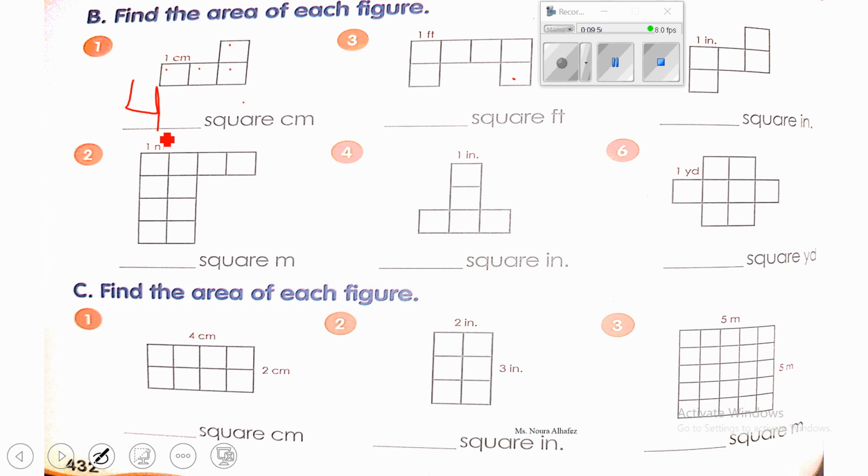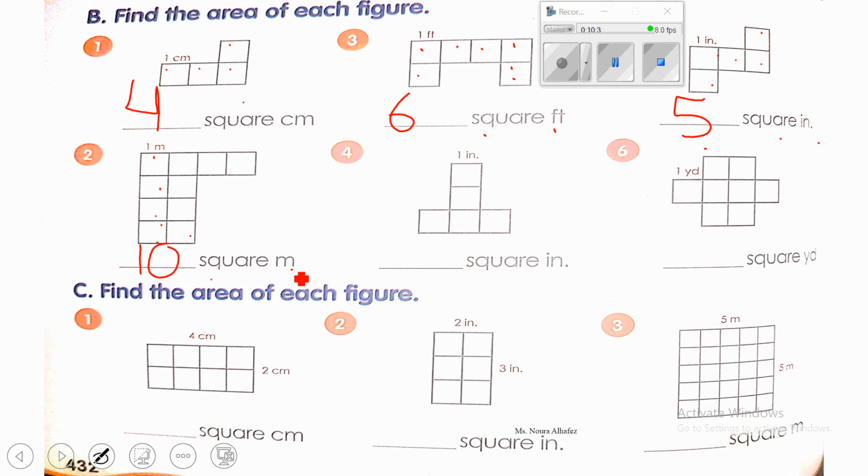And count with me. 1, 2, 3, 4, 5, 6, 6 square feet. 1, 2, 3, 4, 5, 5 square inches. Here I can make this 1, 2, 3, 4. Double of 4 is 8 plus 2 is 10. 10 square meters.